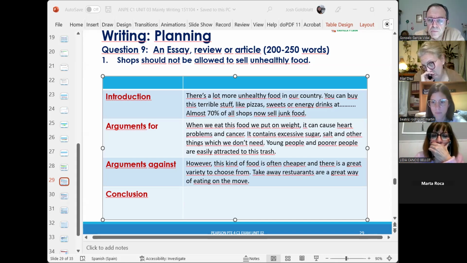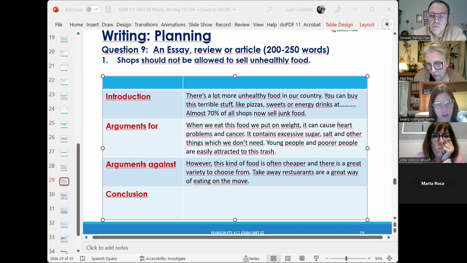That's good. Increases health spending. That's a more complex answer. It's more complicated. Go on. Inhabitants have to be aware of the importance of eating well. Absolutely, about the importance of eating well. Good.